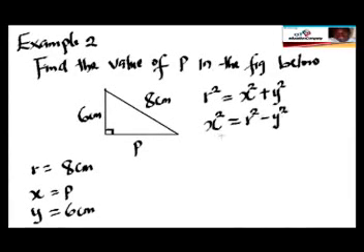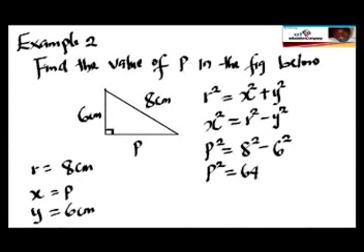Try it out. Anytime you're looking for any of the other sides that is not the hypotenuse side, you always have your hypotenuse minus the other side. You can check that out and see how I got that. Now we are going to substitute into our formula and say P squared is equal to 8 squared minus 6 squared, and that will be P squared is equal to 64 minus 36.